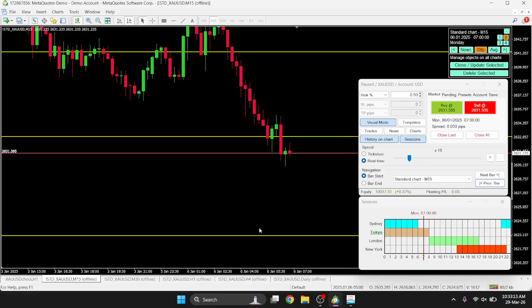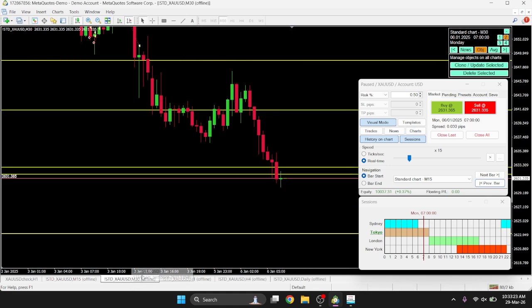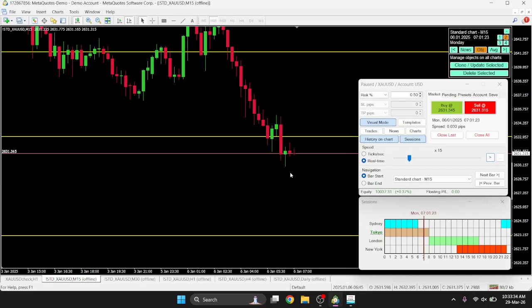In this area, the previous 15 minute candle closed bearish, but that is not a strong bearish candle. So let the candle run. At this point, it's just getting rejection from this area in 30 minutes.